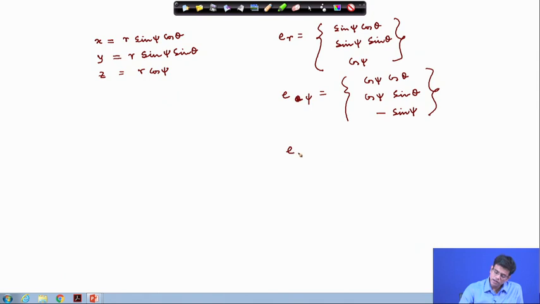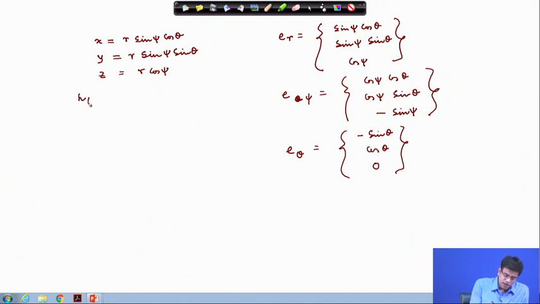Similarly, E theta, if I write, is minus sin theta, cos theta and 0. So, once we know this, we can compute the other quantities. For instance, H1 is 1, H2 is r, and H3 is essentially r sin psi.